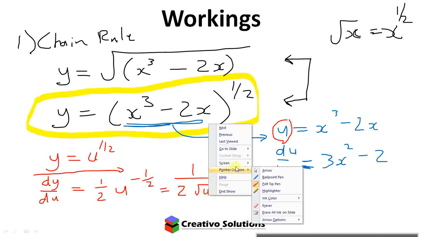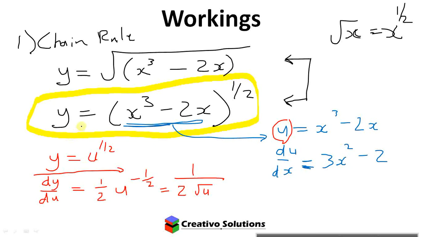Okay, then we need to remember what we had earlier. Let's use black again. If I'm looking at this as the function, y equals square root bracket x to the 3 minus 2x close bracket. Do you agree the derivative for this function would have been dy over dx? Yes? Okay, so is it possible to get this? Yes.